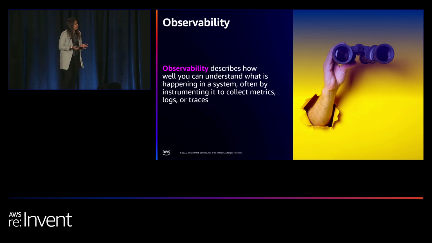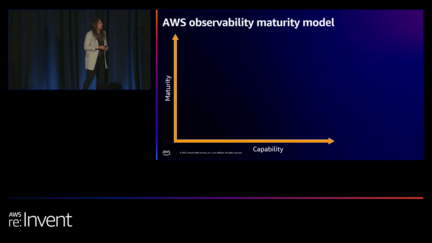So let me show you how some customers implement observability today. A lot of customers tell us that they need prescriptive guidance on how to think about observability in their strategy. And they struggle with a lot of outdated tooling.